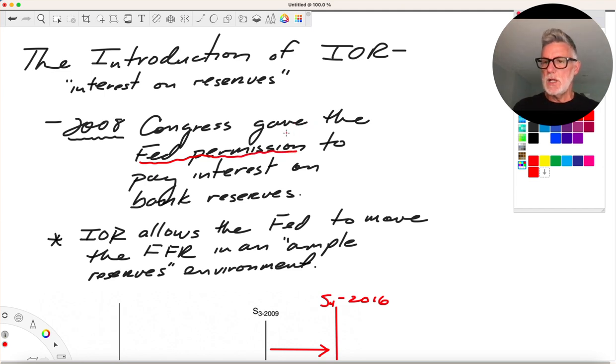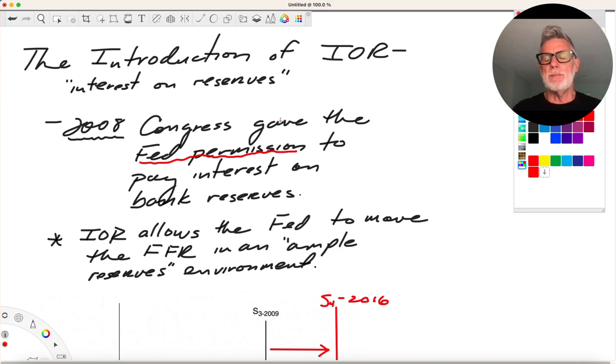So, as we know, banks can hold their reserves in two basic ways. They can either hold vault cash, and banks don't hold a lot of vault cash because it's very costly to store, or banks can deposit funds in an account with the Fed. So the Fed is a banker's bank. But prior to 2008, the Fed did not have permission to pay interest on those reserves.